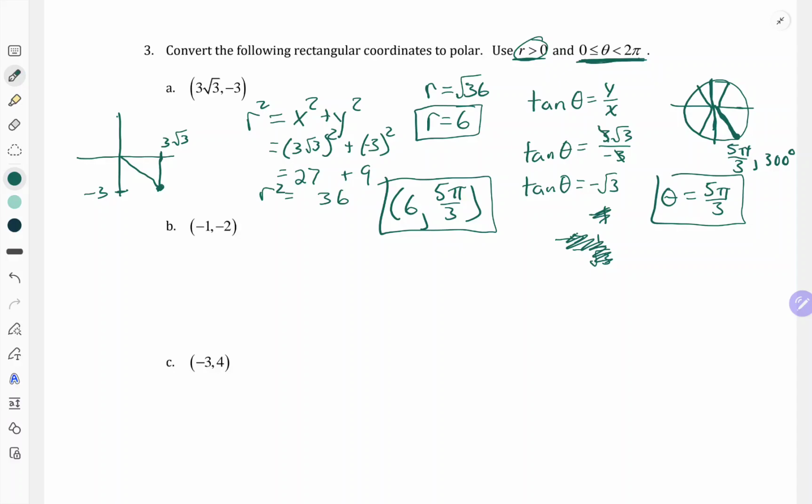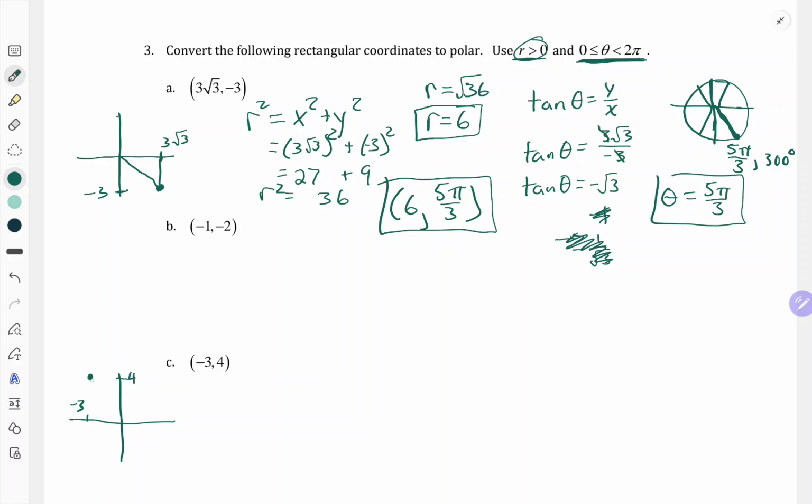Let's go and do just one more here. We'll do part C. You can try part B on your own if you want. But this -3, 4, let's go and try that one. So again, I'm going to look for which quadrant we are in. So -3 would come out this way, and 4 will go up for the y, so somewhere up here.